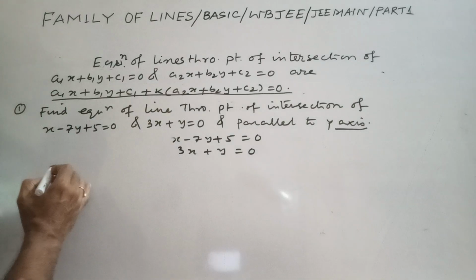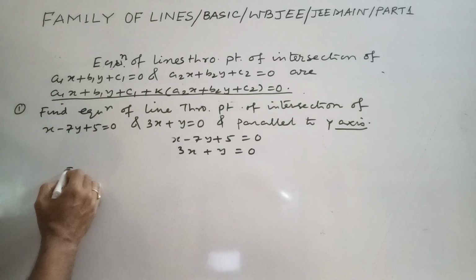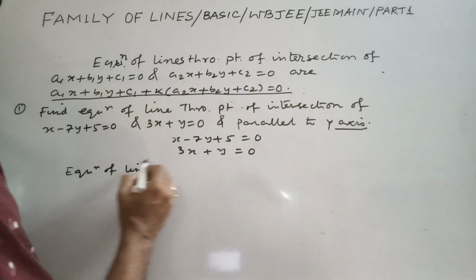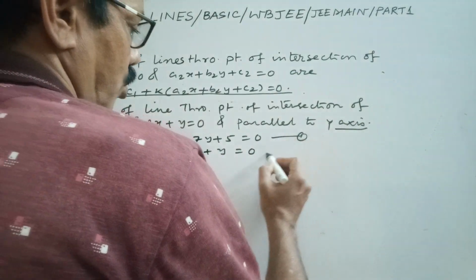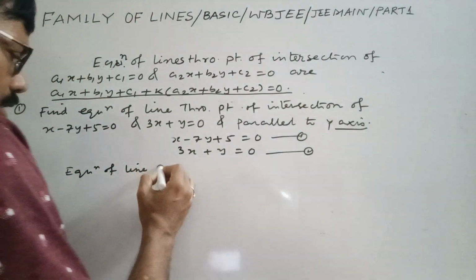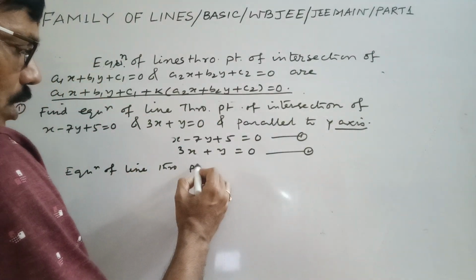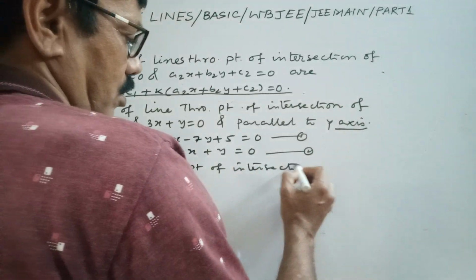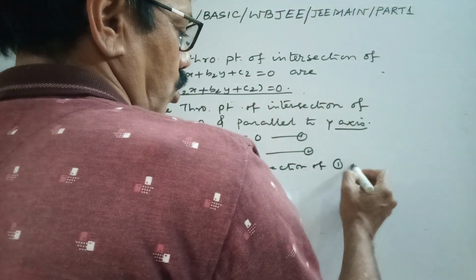So what is the family of lines? The equation of the line through the point of intersection of 1 and 2.